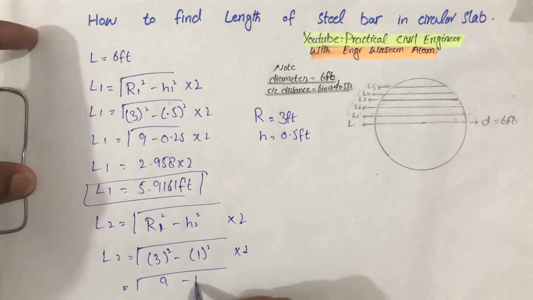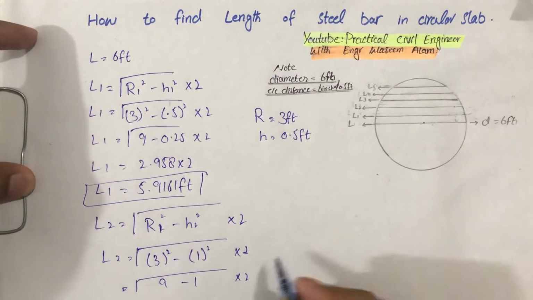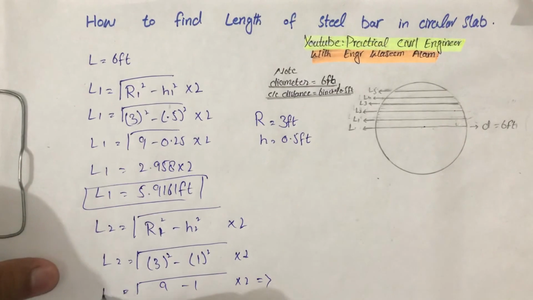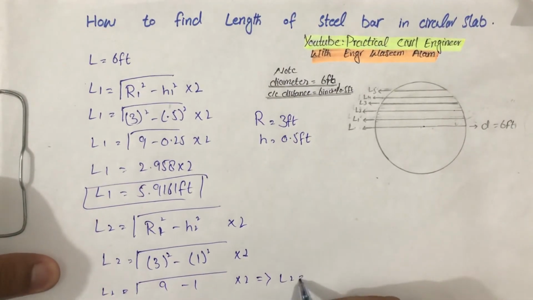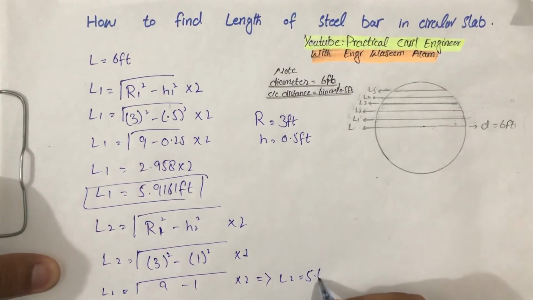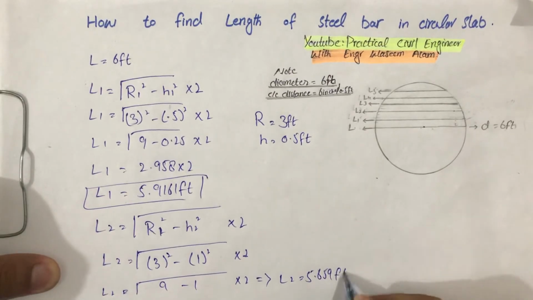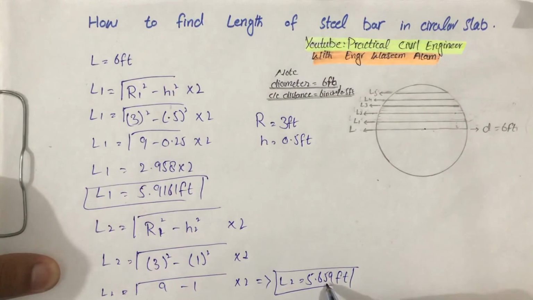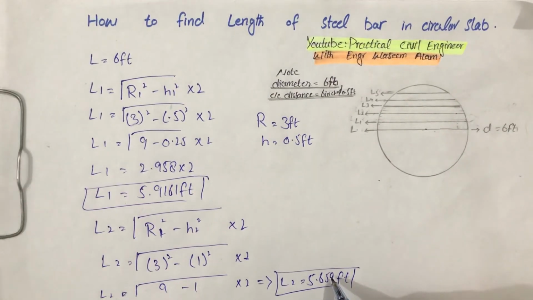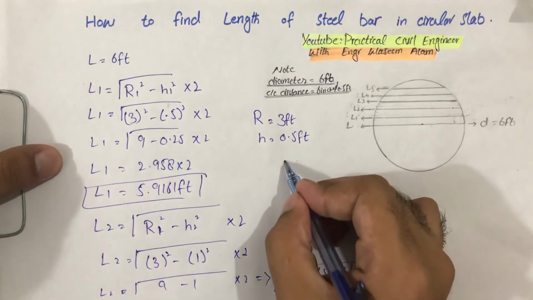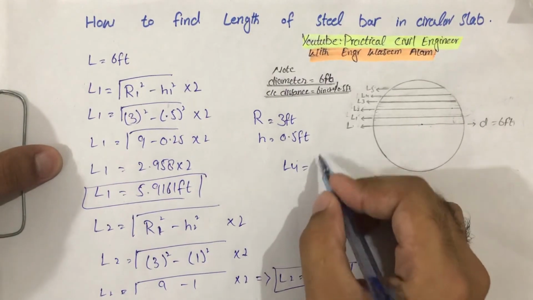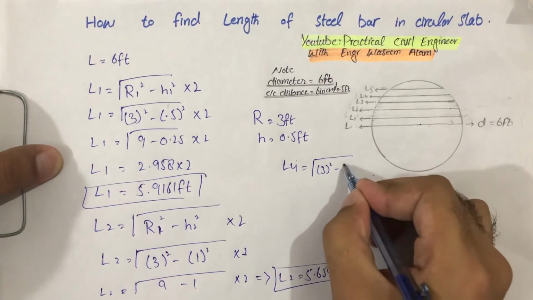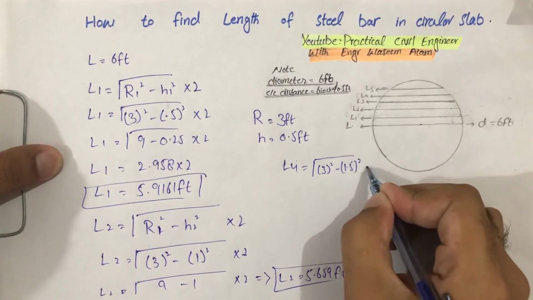So root of 9 minus 1, multiply by 2. So L2 will be 5.659 foot. So the length of L2 will be 5.659 foot.